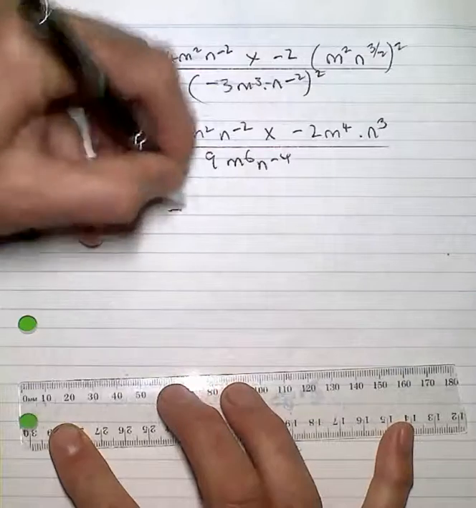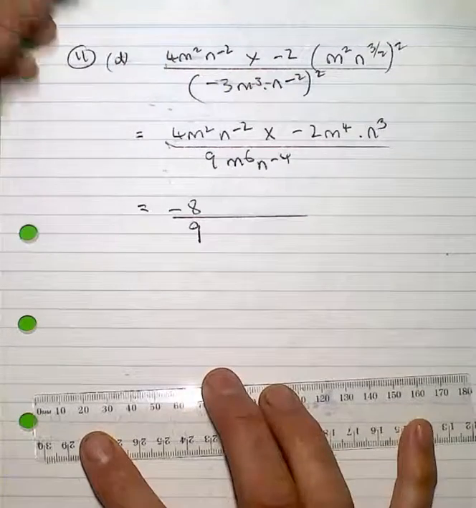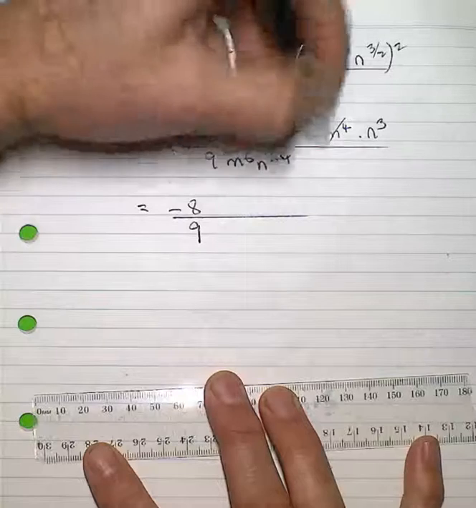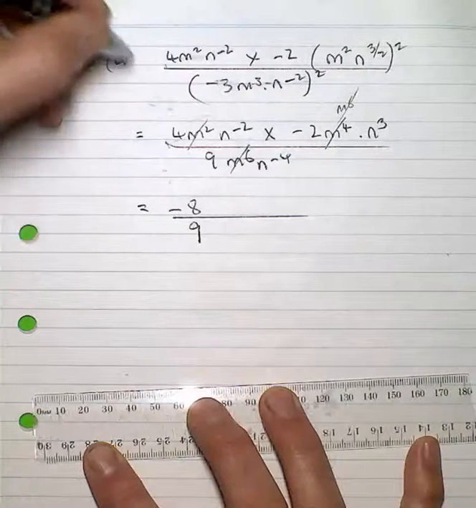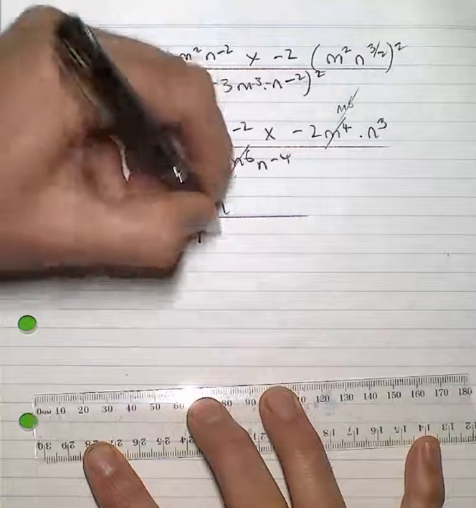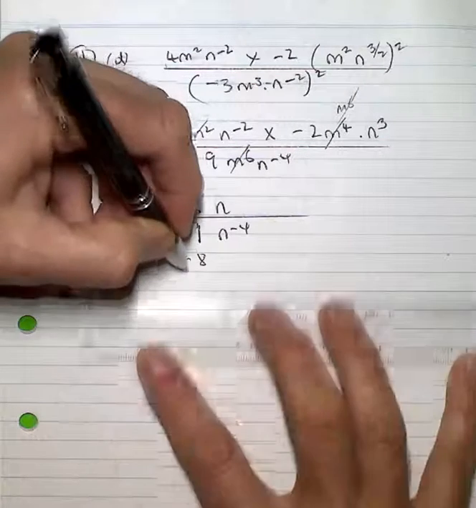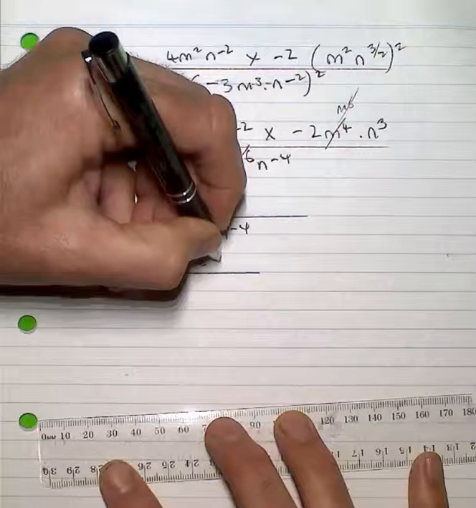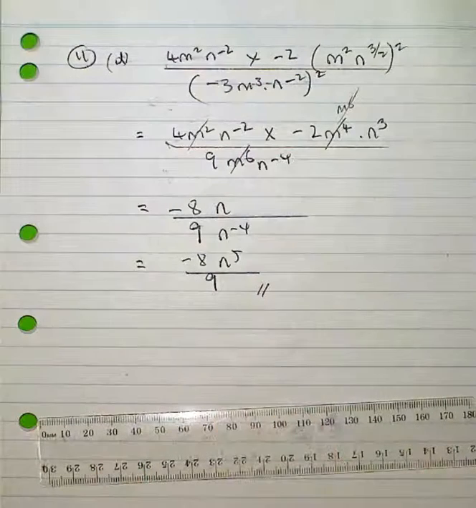So for the numbers, I've got negative 8 over 9. Gathering my m's up, got a total of m to the 6, which cancels out. On top line, I've got n and n to the minus 4. So as my final answer, negative 8 times n to the power of 5 over 9 as my answer.